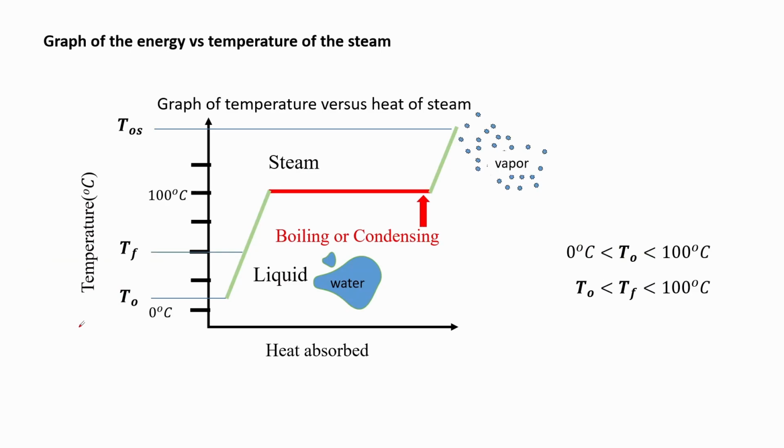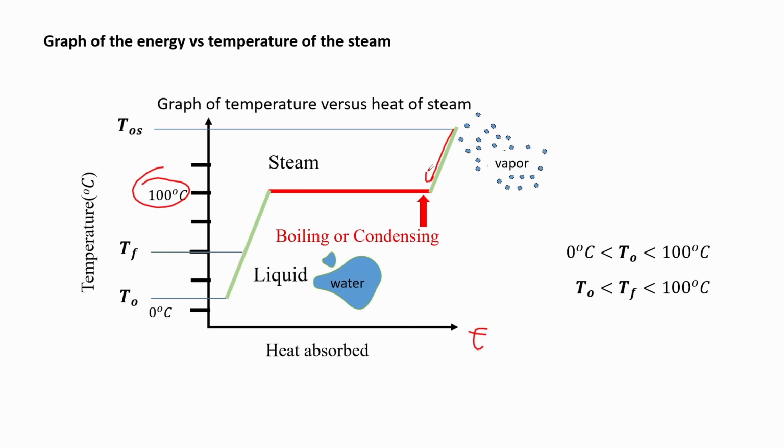Now let us look at the graph. So we know that initially T naught S is greater than 100 degrees. So it has to be somewhere greater than 100 degrees. So the system, the steam, is first lowered from T naught S towards the 100 degrees Celsius. So we see here the energy, it's losing energy.